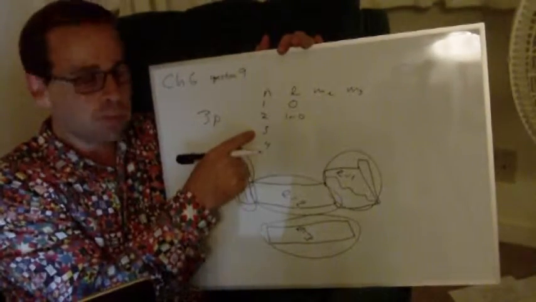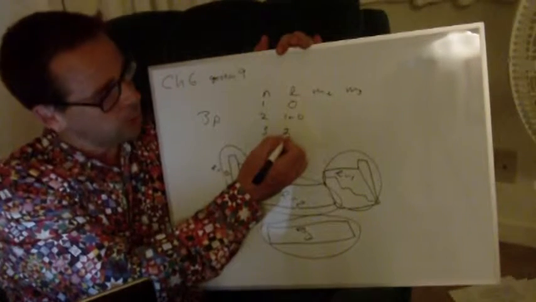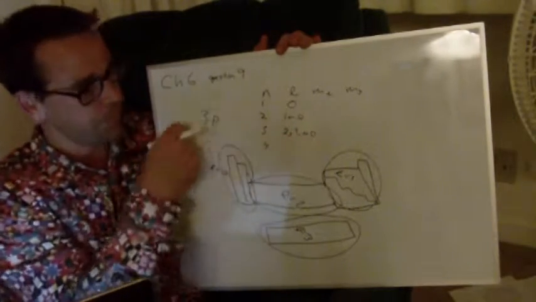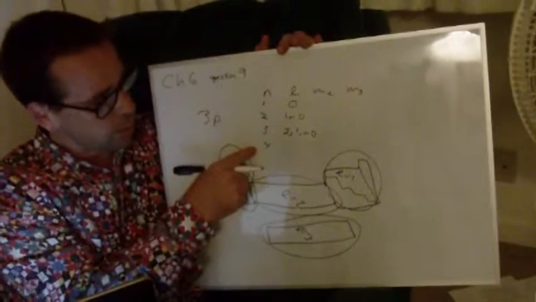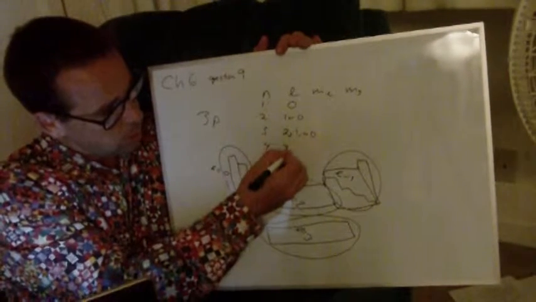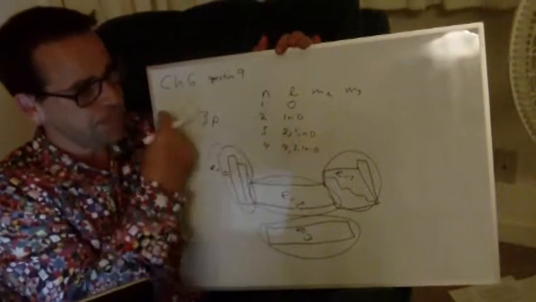If n equals 3, l can equal 2, counting down, 1, or it can equal 0. When n equals 4, l can equal 3, 2, 1, or 0.